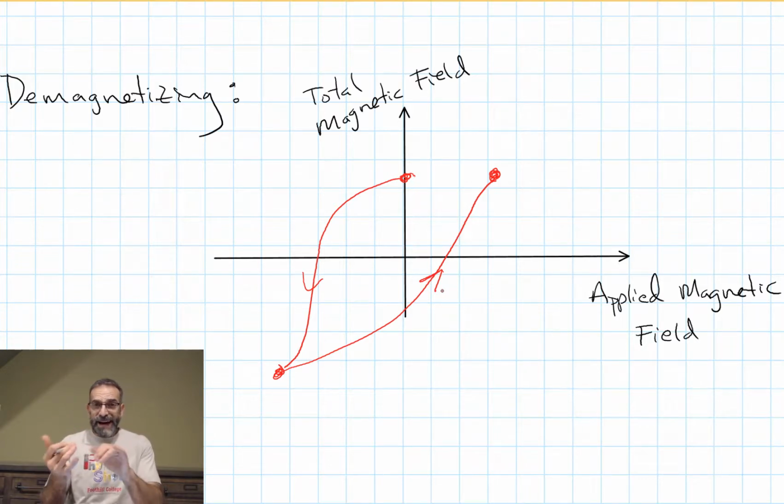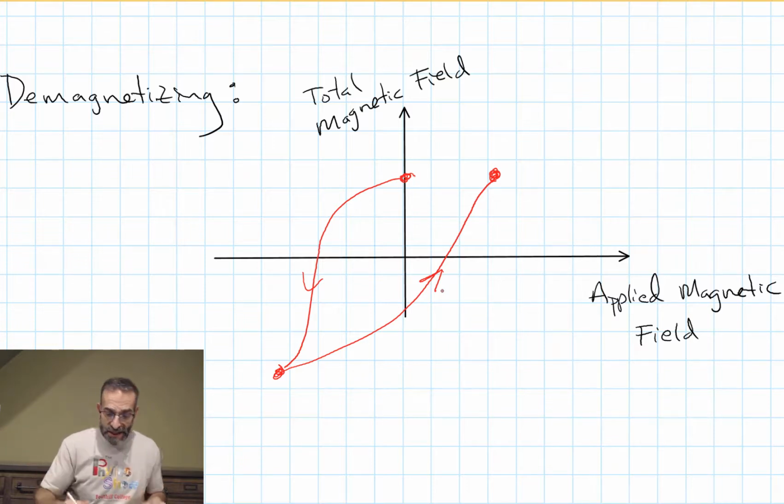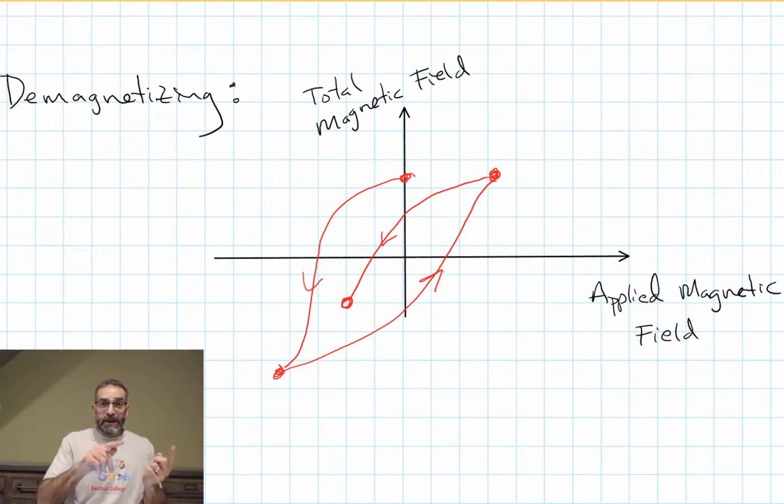Now we flip our field again, but we reduce the intensity again. So we leave some of the domains in the original orientation, in this orientation, and we flip some. And we keep flipping our external field back and forth and reducing the strength each time.